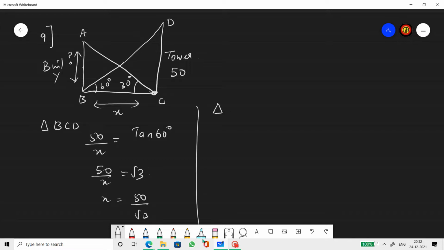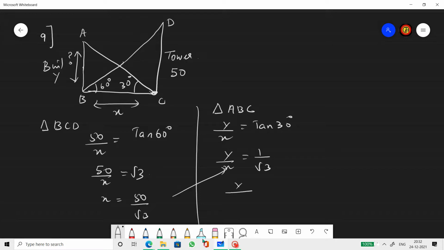Now take triangle ABC, in which y by x is equal to tan 30. So y by x is equal to 1 by root 3. We need to find y, so I'm not bothered about x. I want y, so I'm changing, and I know the value of x.